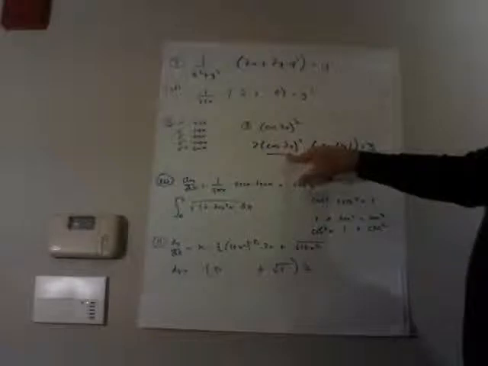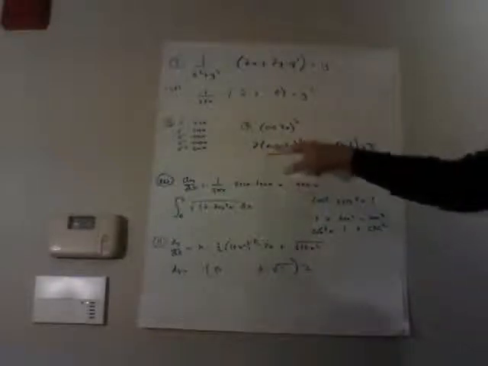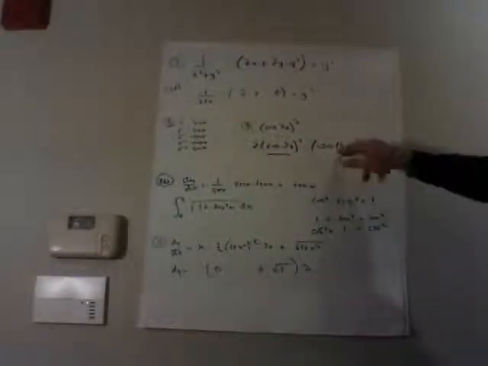The derivative of this, we rewrite it like this, is 2 times cosine 3x to the 1, times the inside function's derivative, which is negative sine 3x, but I still have to take the derivative of that as 3, and the answer falls out. This was a tricky question for good reason.